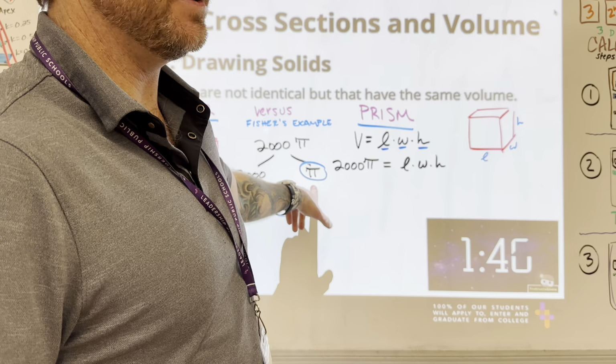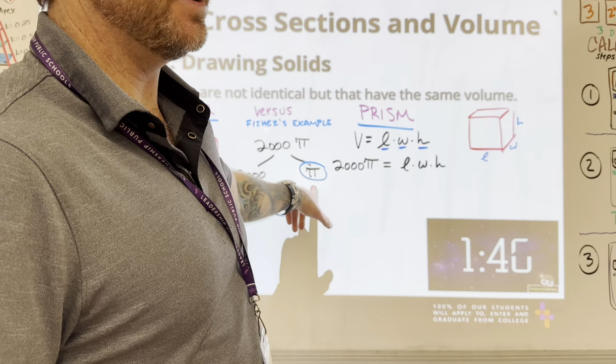So why don't we break this out into, let's go 500 and 40. 5 times 4, 20.